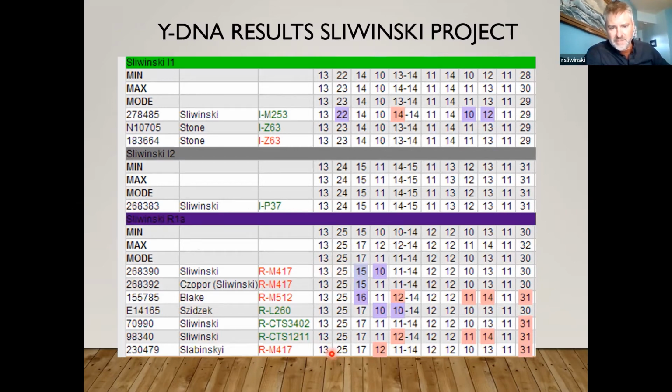All these men have the same 13 and 25, but there's some variation between the next marker, 15s and 17s, and the next marker, 10s, 11s, and 12s. So you see there are some differences between the men that have a Slowinski surname or a similar surname, or ones that have had their name changed. I compared those together, and we came up with this graphic.